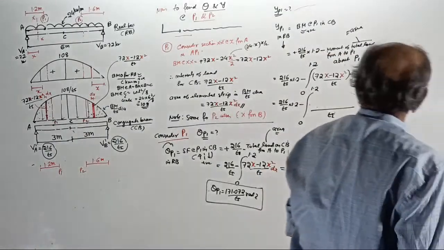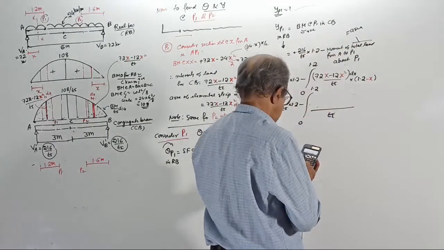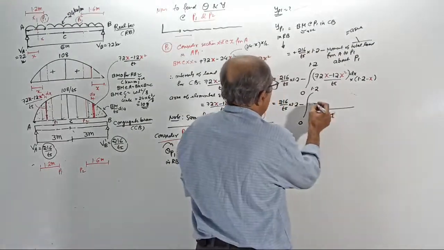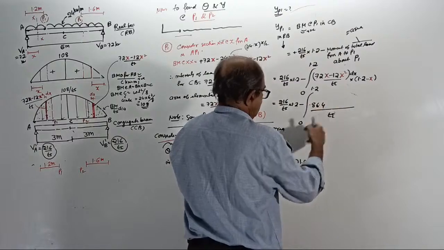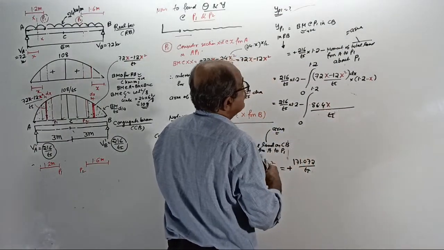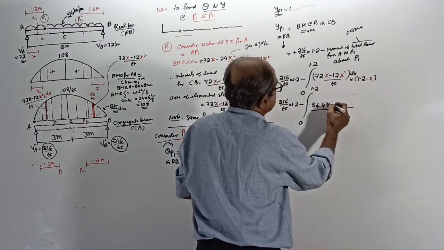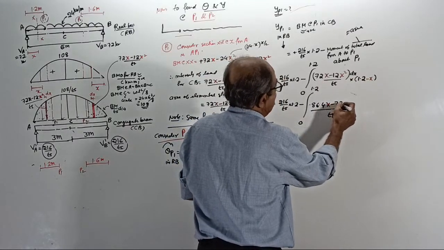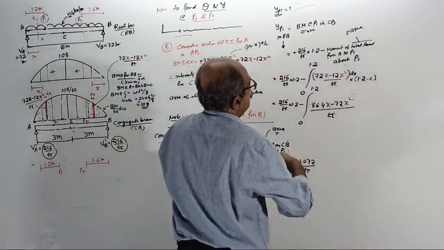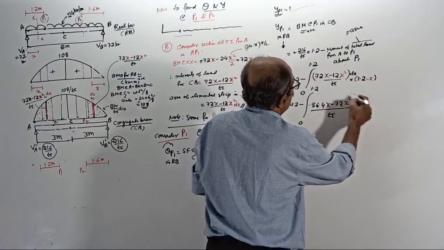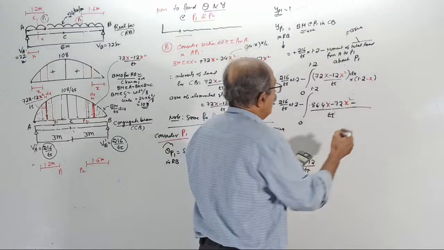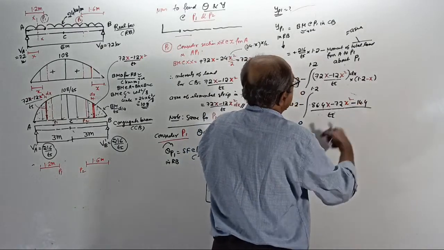Okay. 72 into 1.2 is 86.4x, and then 72 into x minus 72 into x square, then minus 12 into 1.2, 12 into 1.2 is 14.4 x square.